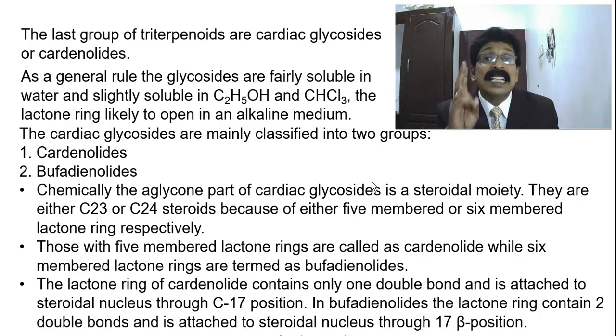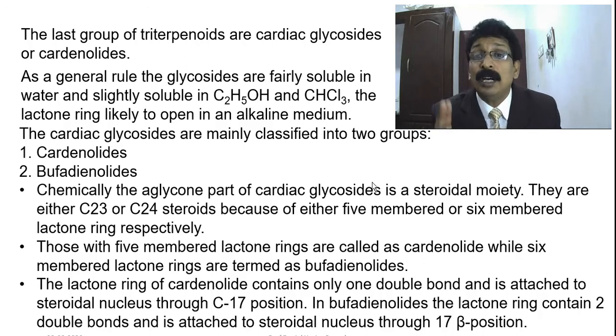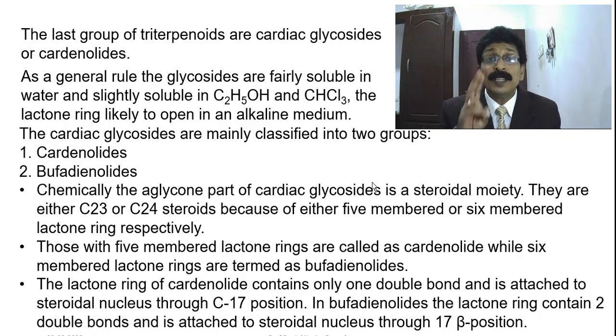C24 means 6-membered lactone ring. Very simple. Those with 5-membered lactone ring are called cardenolides, while those with 6-membered lactone ring are termed bufadienolides.